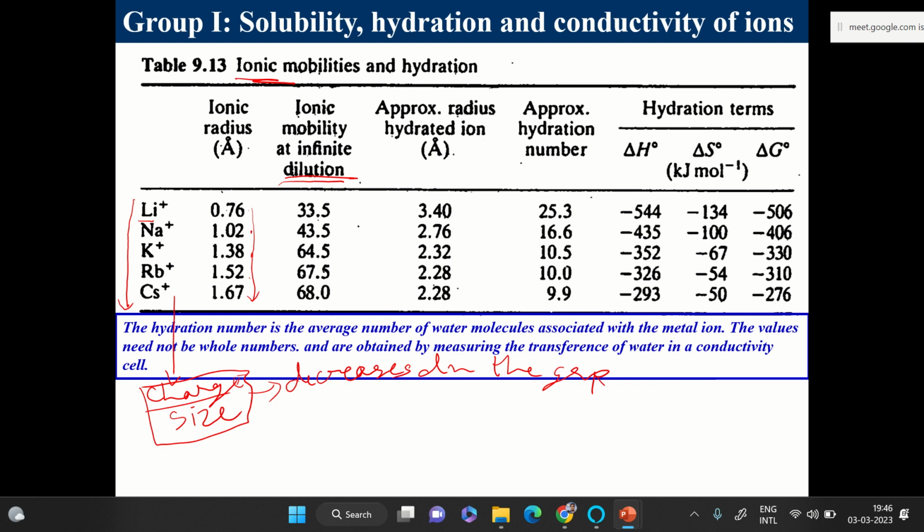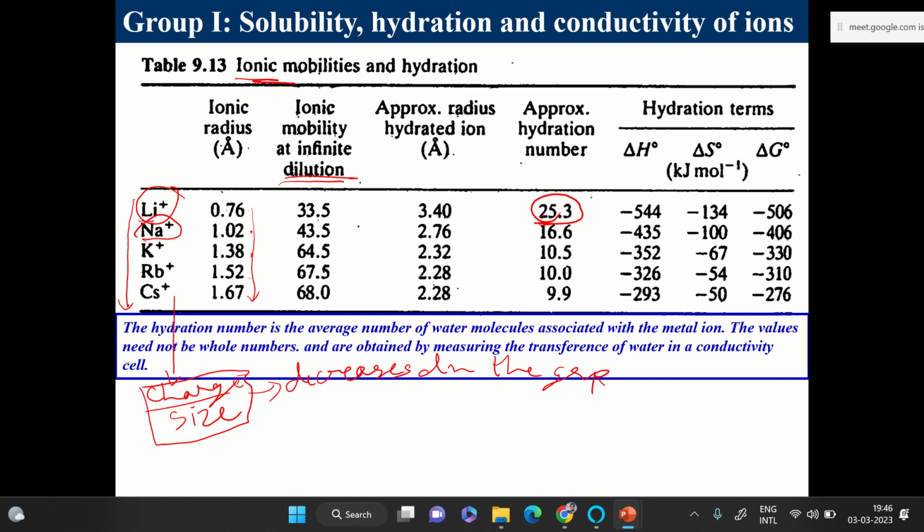In that sense, it will attract water molecules slightly less as compared to this. So if you look at the number of water molecules associated with it, look at this. Lithium plus is having approximately, on an average, 25 water molecules associated with it.